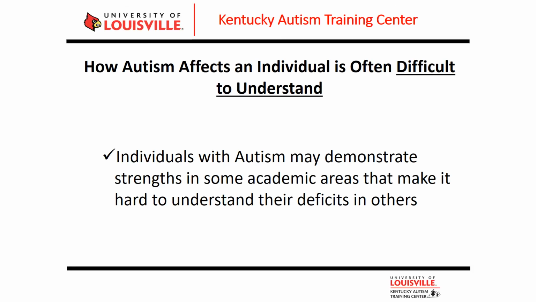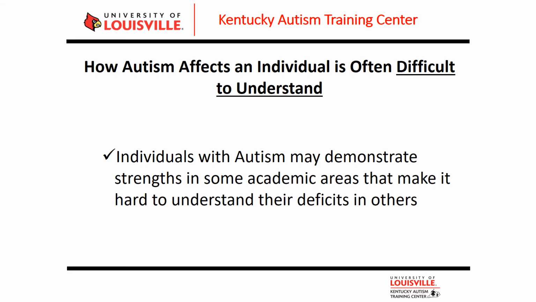How autism affects an individual can be very difficult to understand. We know that sometimes a student with autism has really big strengths in a specific area. They do great in reading, a very strong area for them, but in math they struggle. Or they're very verbal, they have great verbal skills, so they can say all kinds of words, but they can't always say the words that they need. They can't say the words that come into social interactions.